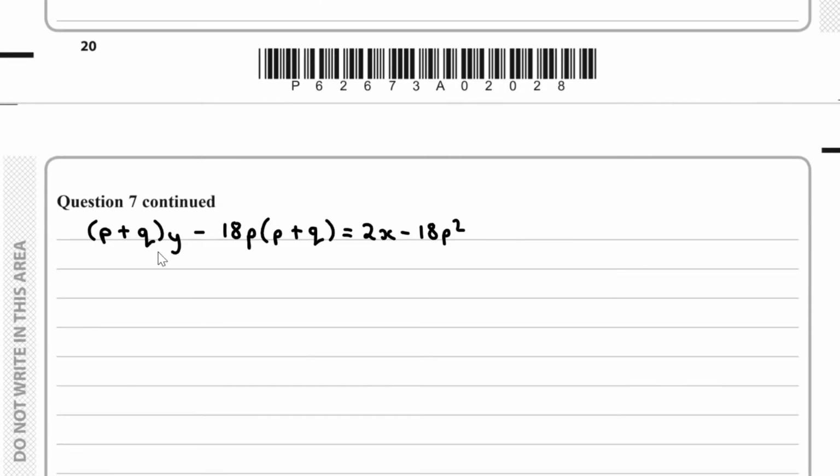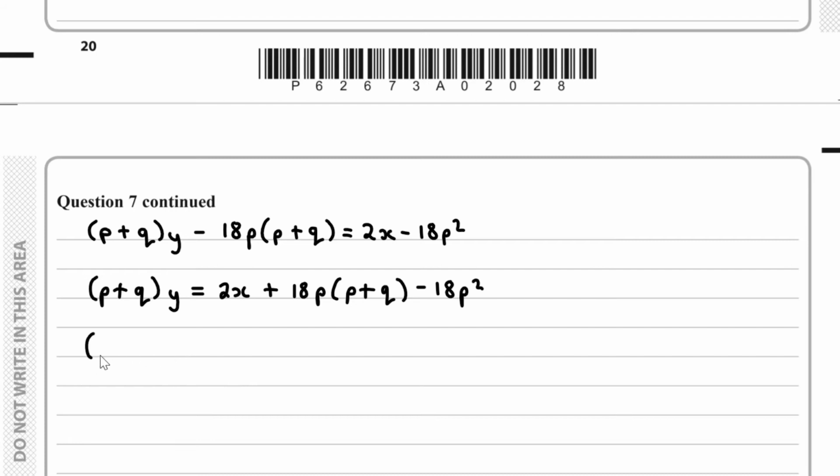So now we need to take this result over to the right hand side. So we've got p plus q y equals 2x plus 18p lots of p plus q, minus 18p squared.